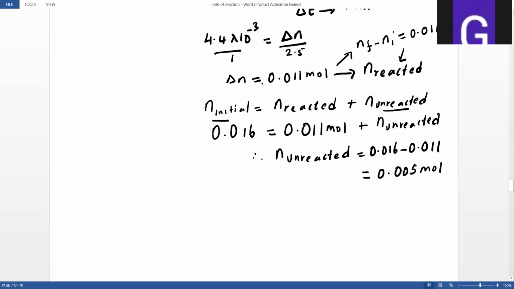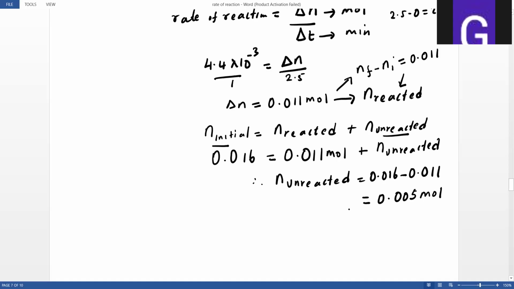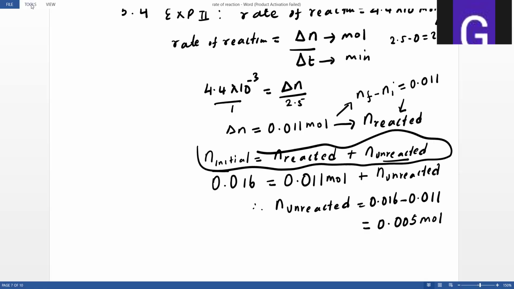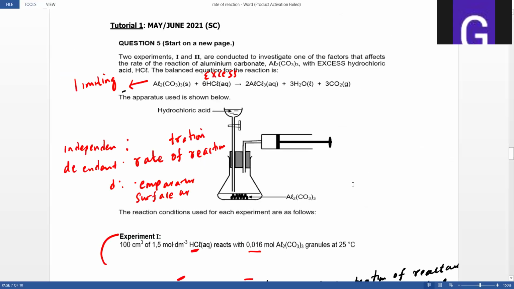We can either do it like this, or use the other approach, but the answers will still be the same. If you want the number of mole that remained in the system, you are looking at the unreacted, the number of mole that remains, or the number of mole that were in excess. That's what you're looking for.